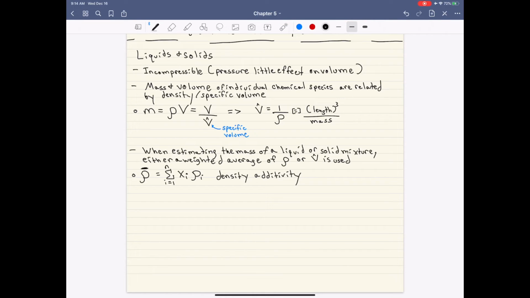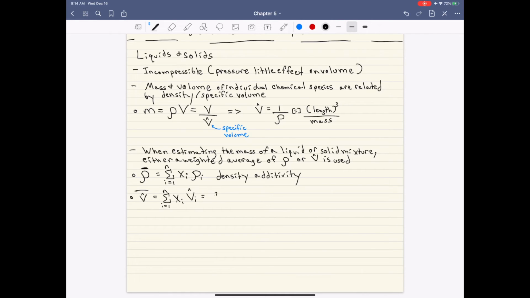In a similar manner, you could also calculate your average specific volume, right? Which is also just a weighted sum of these specific volumes multiplied by their individual mole fractions. Okay?